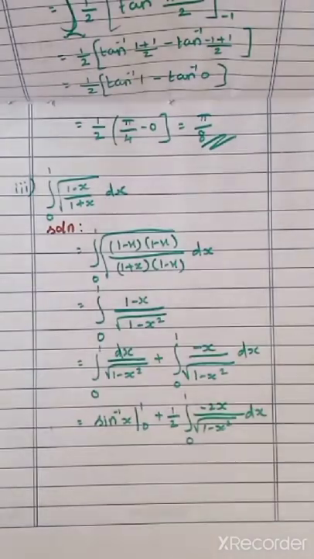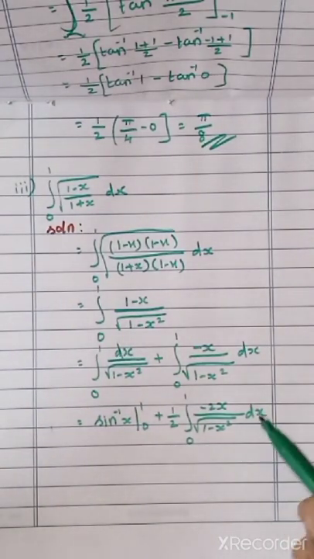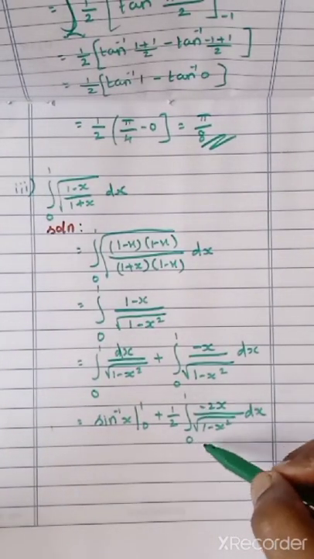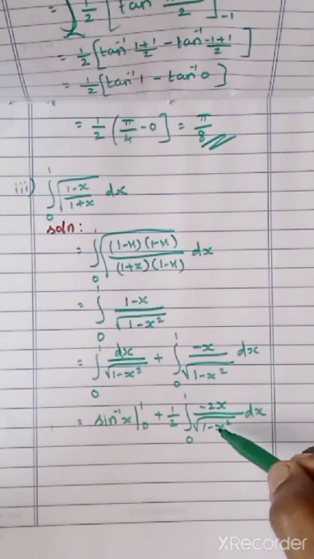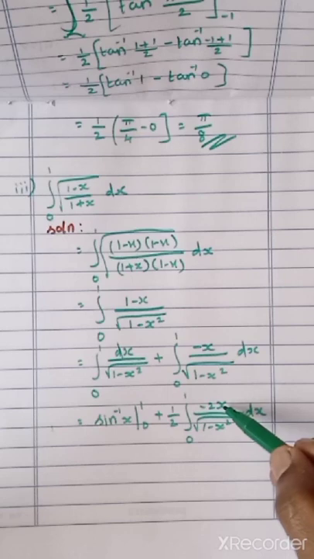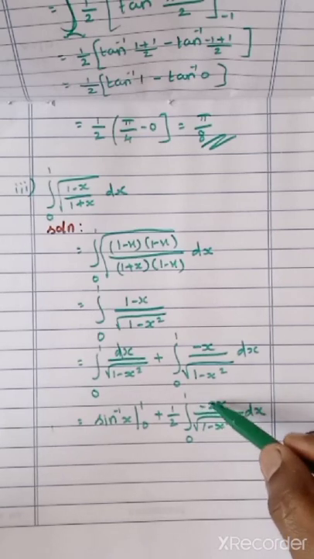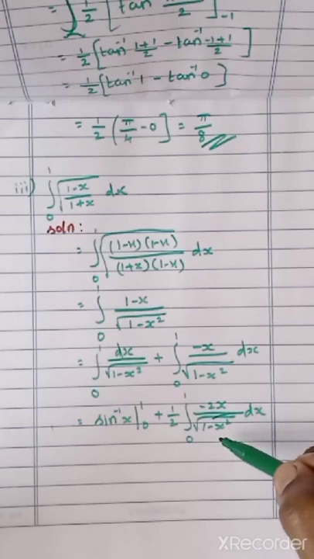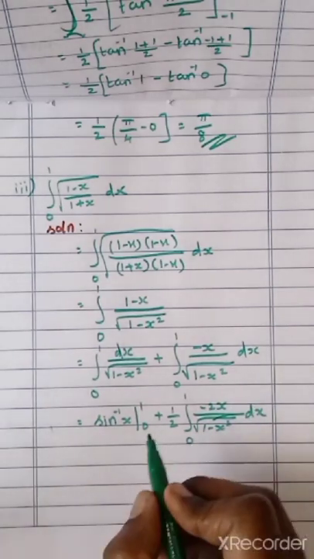Now look here: differentiating x square, we get minus 2x. So this is a chain rule, but we can use the formula for 1 by square root of 1 minus x square. What is the formula? Sine inverse.